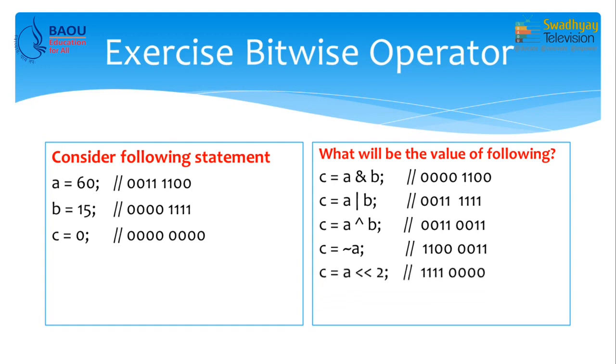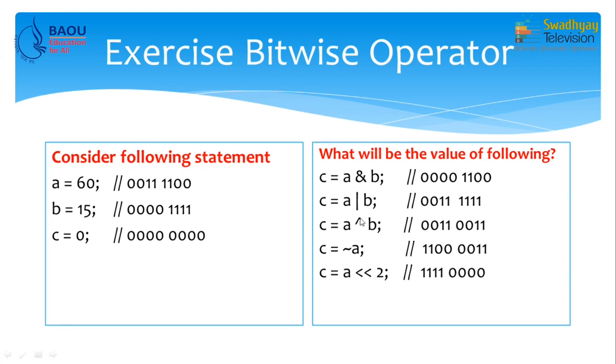Now, suppose we want to shift the bits of A by 2. So, this operator will shift 2 bits to the left position in A. We can see the first 0 0 are discarded and this 1 will be shifted 2 positions to the left side.